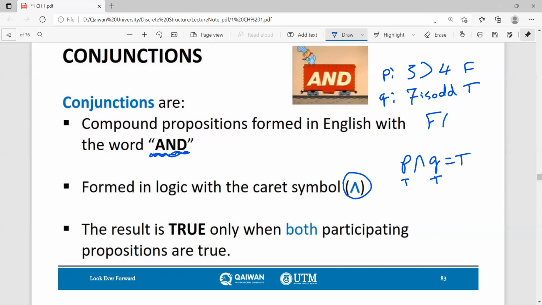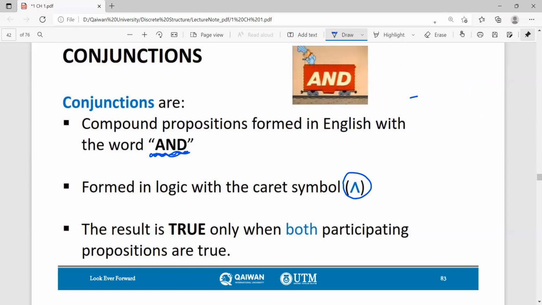That means if we combine these two statements by conjunction, by and, it's false and true. What's the result? The result is false. Why? Because when you join two statements by and, both statements must be true, then the result is true. Okay. If any of these is false or both are false, then the result is false. Okay. We will take some examples about this.